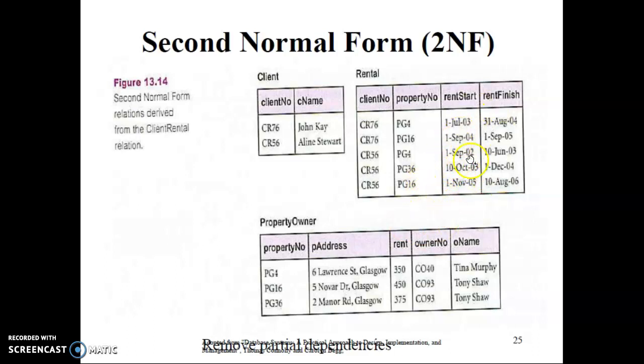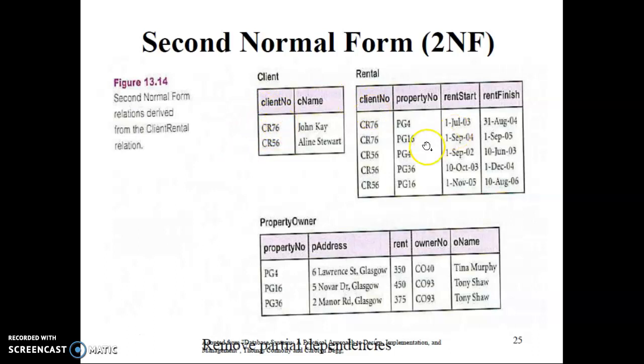Now these 3 relations are in second normal form, as every non-primary key attribute is fully functionally dependent on the primary key of the relation. In client table, CNAME non-key attribute is depending on client number primary key, that is fully.